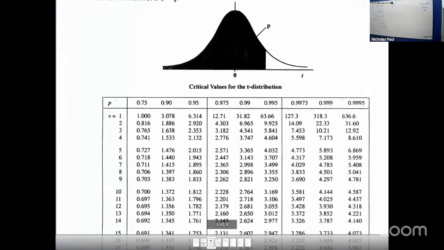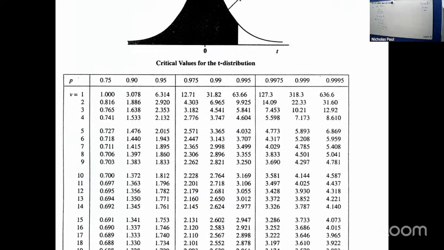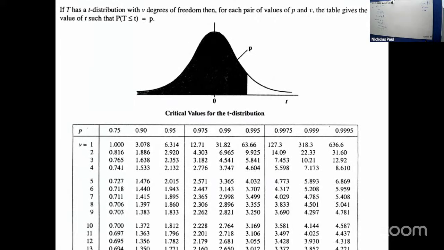All right. So how do we read off the T distribution? Very similar to the normal. With the T distribution, they read off everything less than. The shaded region there is less than. But the difference with the T distribution is that you're going to have something called the degrees of freedom.